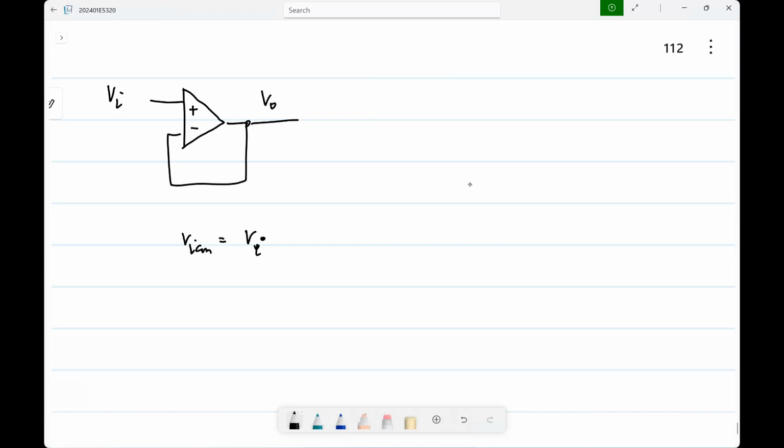Okay, so the output should be between the maximum and minimum limits. Also, the input common mode, which is the same as the input or output, should be between its maximum and minimum limits.